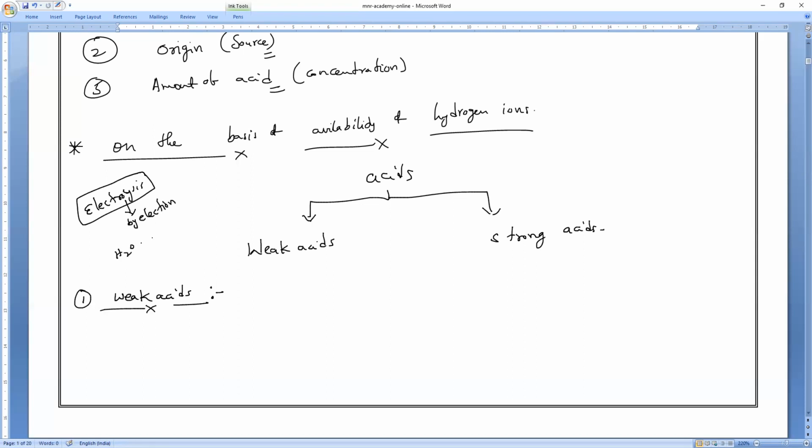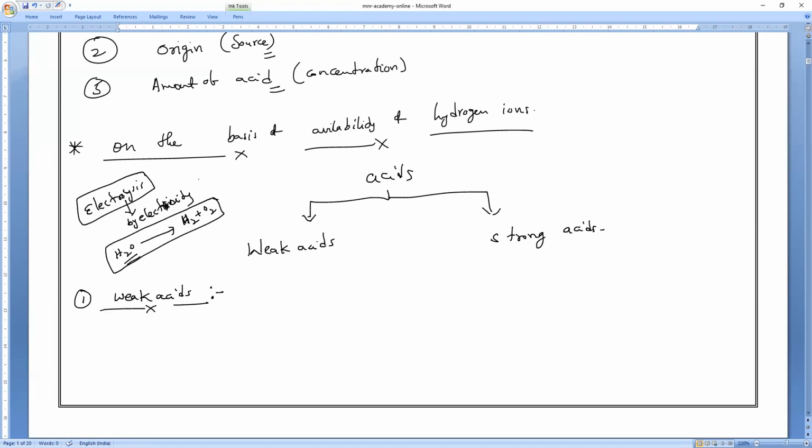Suppose we have water, by passing electricity we get hydrogen plus oxygen. By passing electricity, we split the molecules into ions, or atoms.